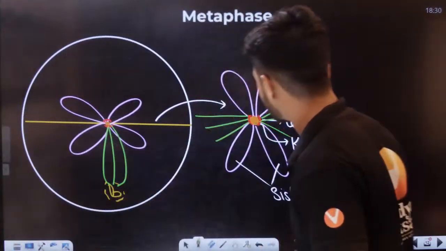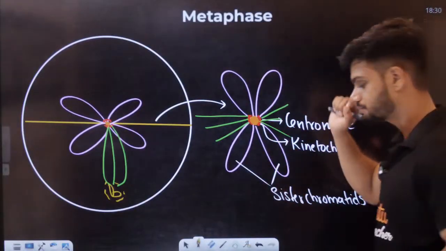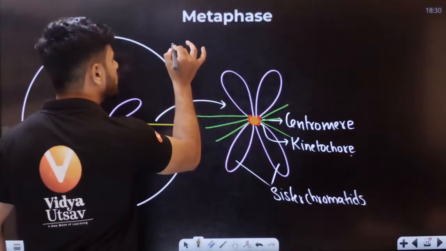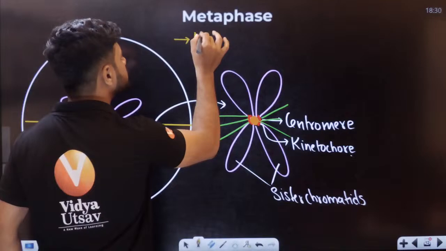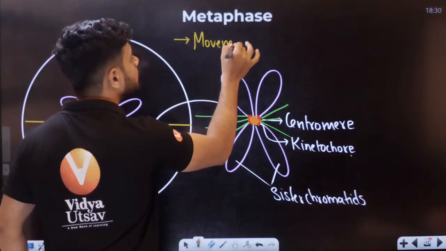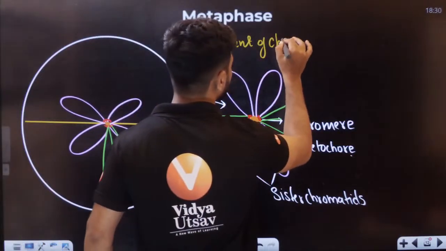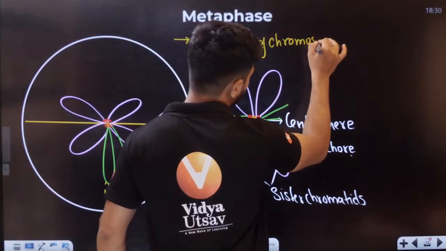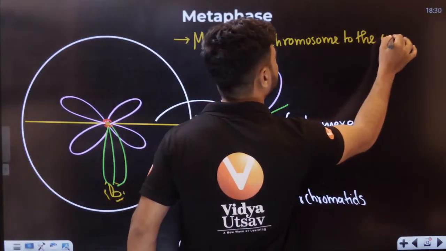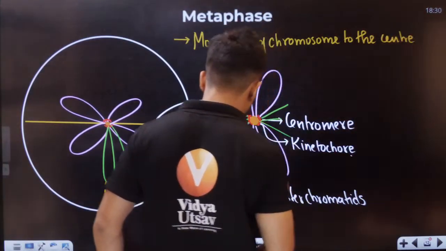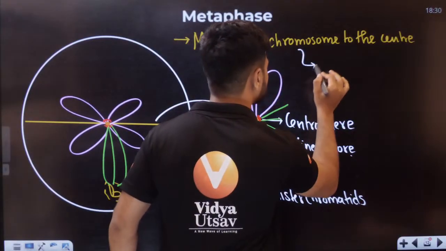Very important line, students. This happens in the case of metaphase itself. So first of all, what happens here? There is something called movement of chromosome to the center. This has a name, students. It is called congregation also.